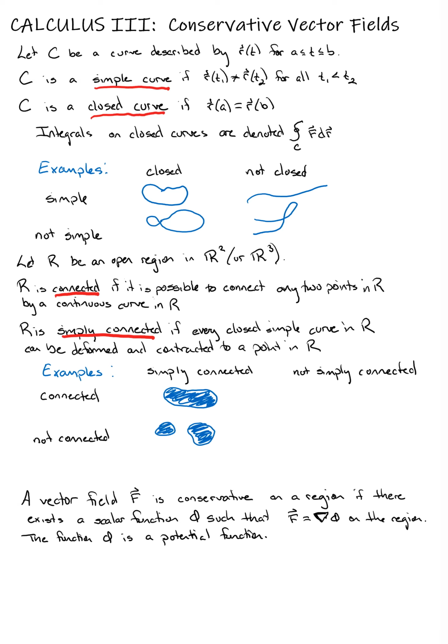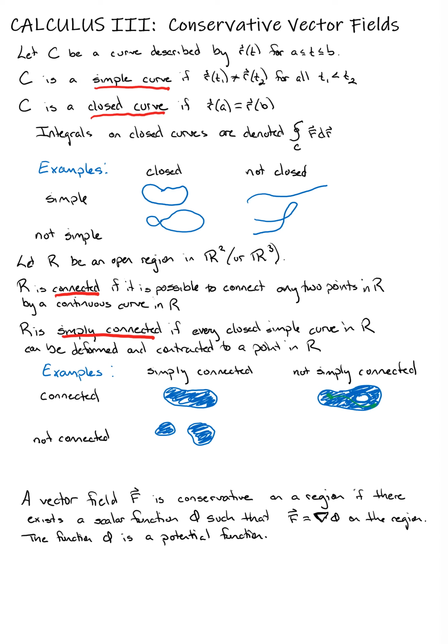All right, what if I'm looking at something that is connected but not simply connected? Well, connected would have to be one big region, but now I've got maybe a hole in this region. So my whole region here is included except for that little opening there. Notice I can still go from any point to any point.